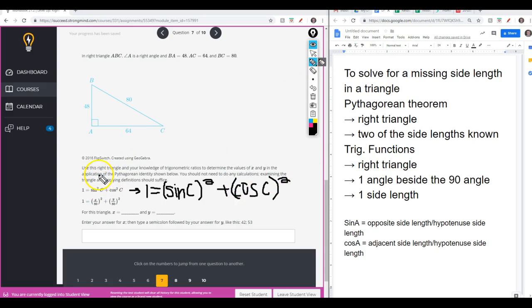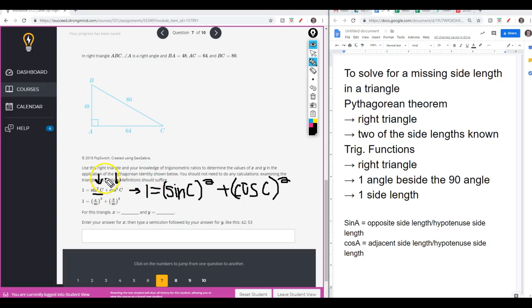Now, this is traditional math notation, so that is why they used it. I did not see, however, anywhere in the course that explained how that is. This is the sine of angle C being squared plus the cosine of angle C being squared. So it's the same thing.